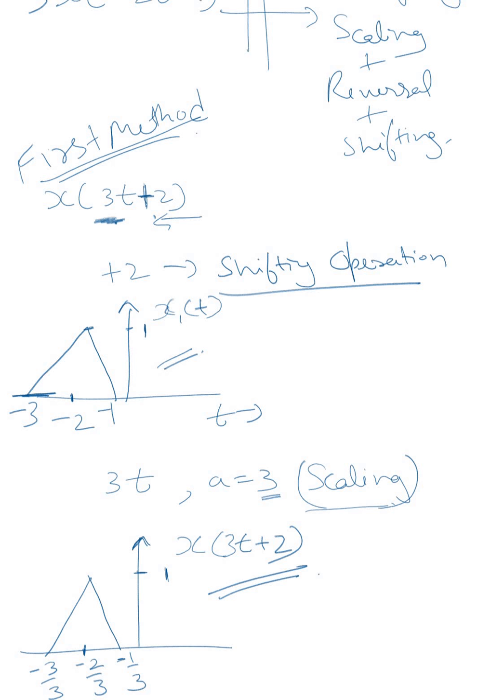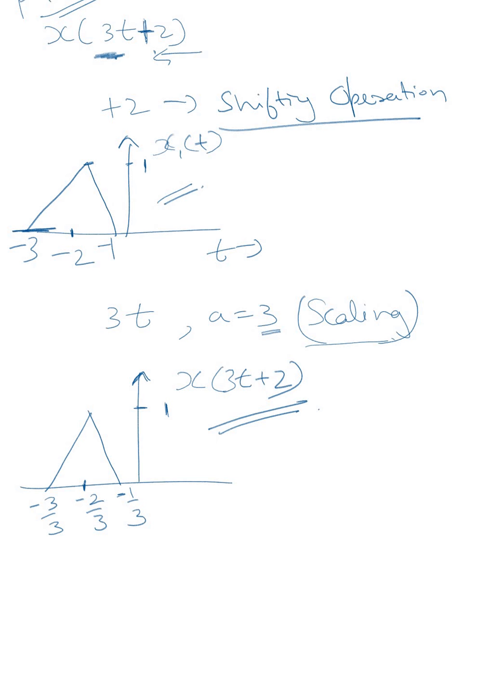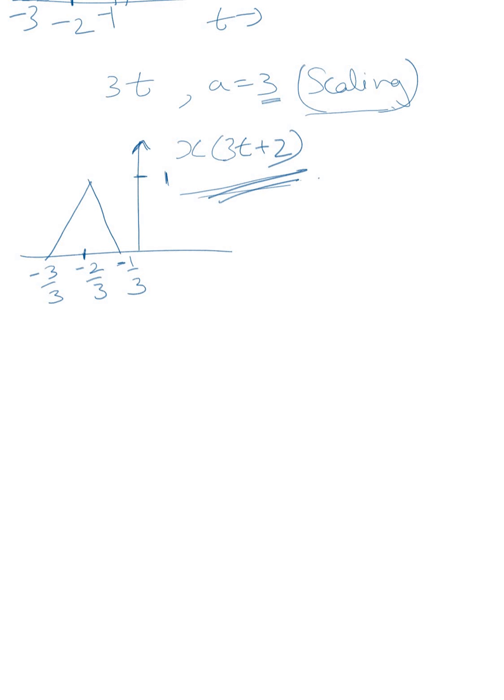Then, moving towards the left, the next operation is the scaling operation by a factor of 3. So we apply the scaling operation over the signal x1 of t. This will result in the compression of the signal, and this will give us the final signal as there are no more operations involved. Now let us see the second method.